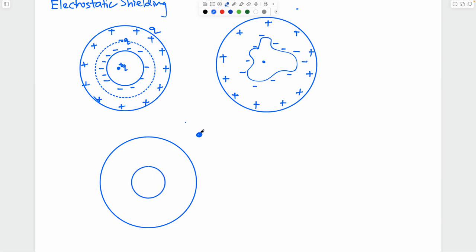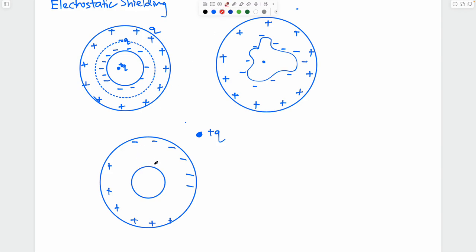So let's say that there was a charge over here, plus Q. If there is plus Q outside, what will actually happen is negative charges will be attracted to the surface, some more than others, and then the field inside will be zero. Wait, hang on, the plus charges should be repelled.